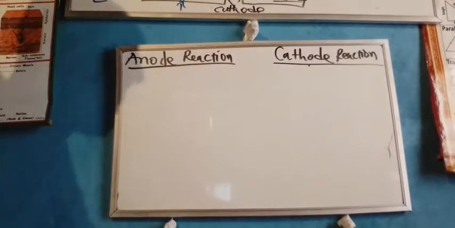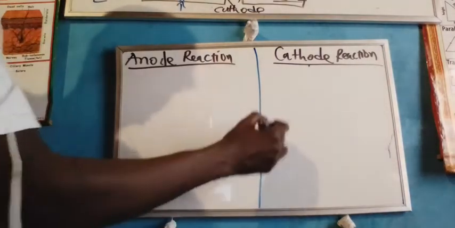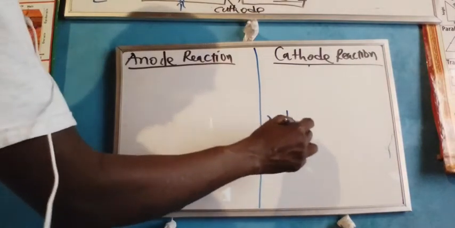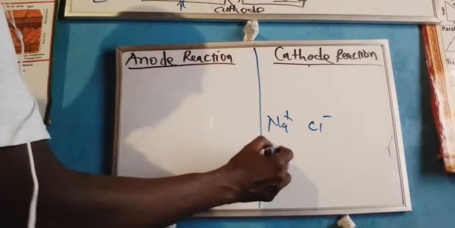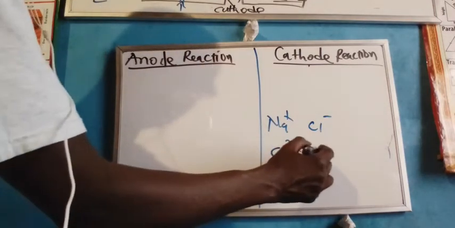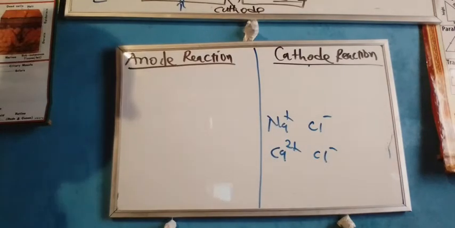So, because the sodium chloride is made up of sodium and chloride ions, and the calcium chloride lowers the temperatures, we find that there are three principal ions present: sodium, chloride, and calcium.